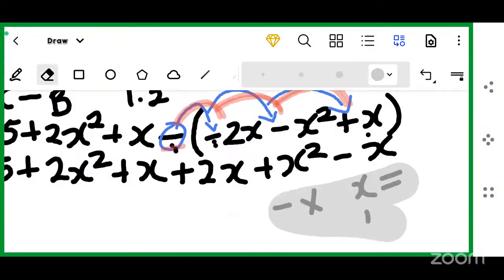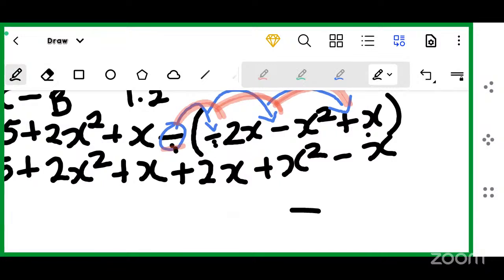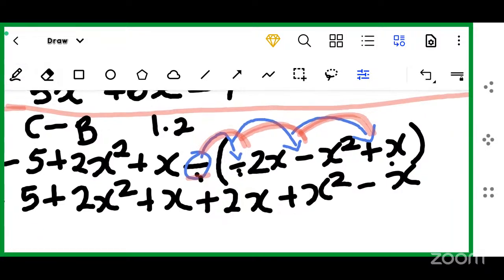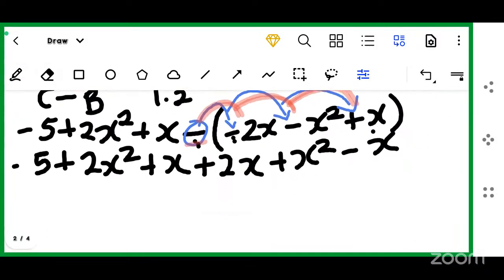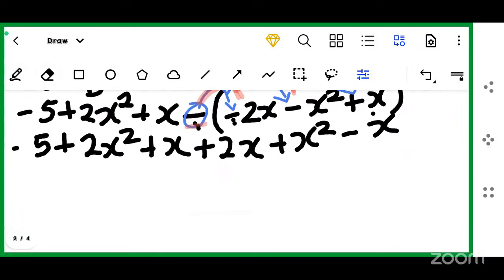So what do we do next? We look for the like terms. So now we're going to look at the like terms. Do you see your like terms there? Yes, ma'am. Usually you're going to have 3 like terms. So which ones are the first like terms?